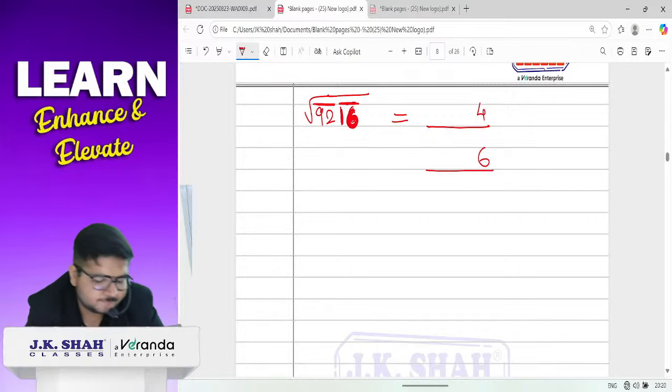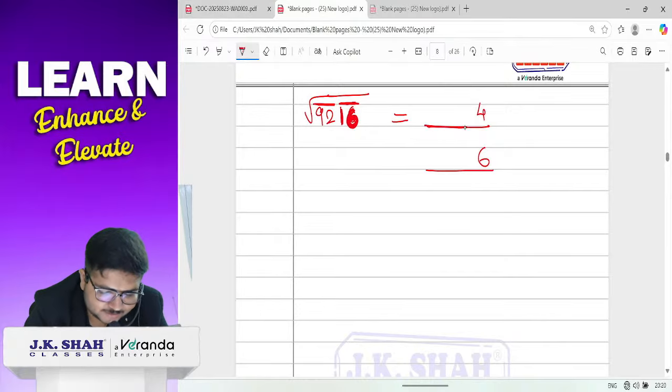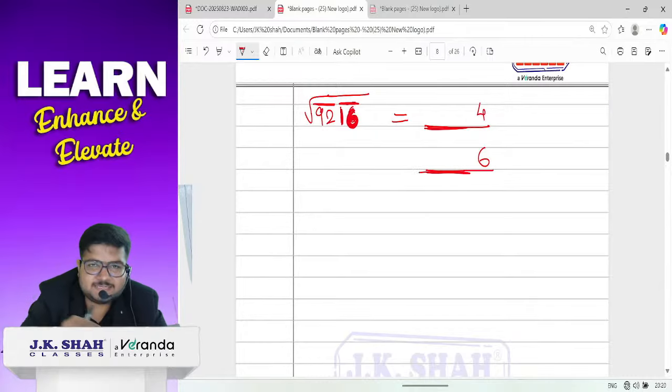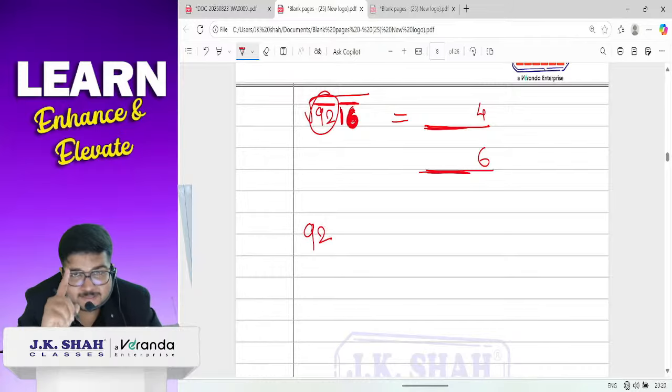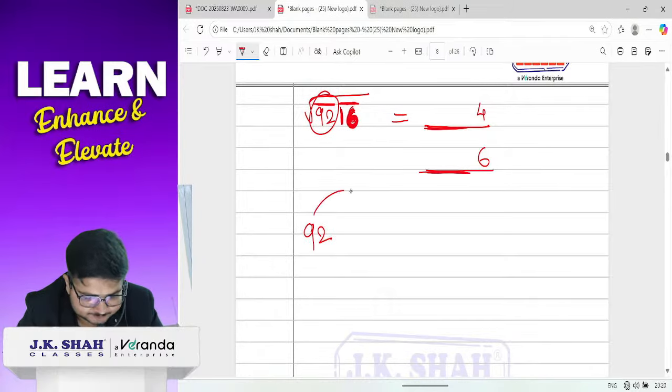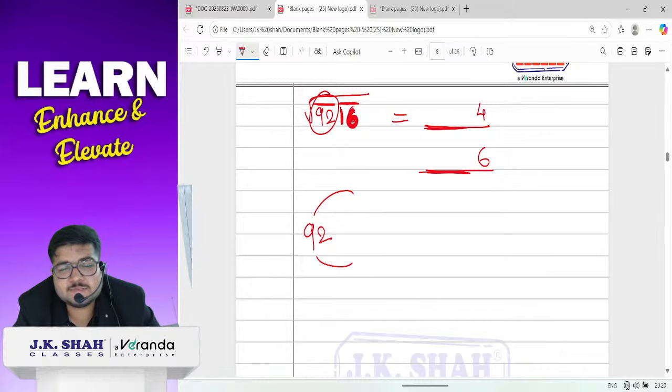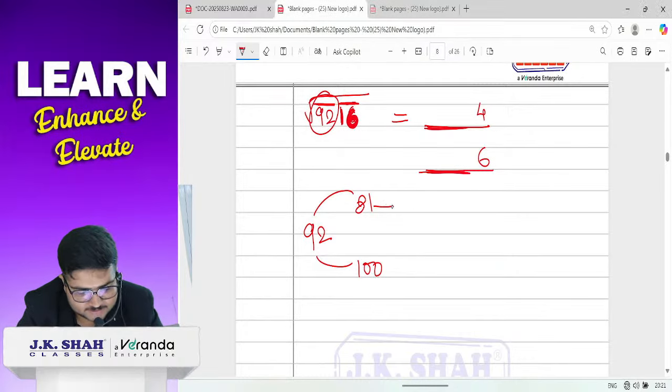This is the rule. Now, sir, how to calculate the tens place, or you can say the previous digits? For that, 92 will help you. Please pay attention. This is very magical. 92 comes between which two perfect squares? 81 and 100. This is the square of 9 and this is the square of 10.